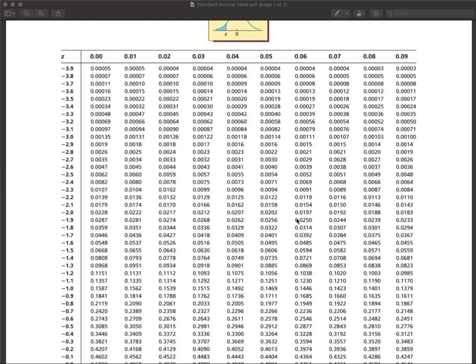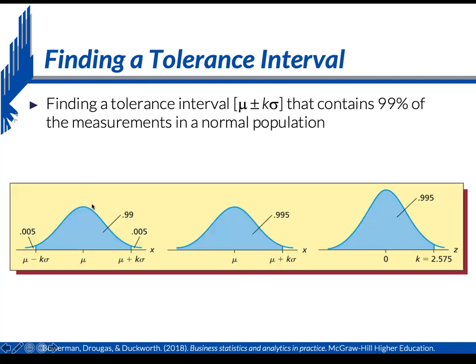And here, luckily, 0.025 is exactly in the table. So we will just get the corresponding z-score, which is negative 1.96. So for 95%, the z-score here is negative 1.96. The z-score here must be positive 1.96. So the tolerance interval that contains 95% is mu plus minus 1.96 times sigma.